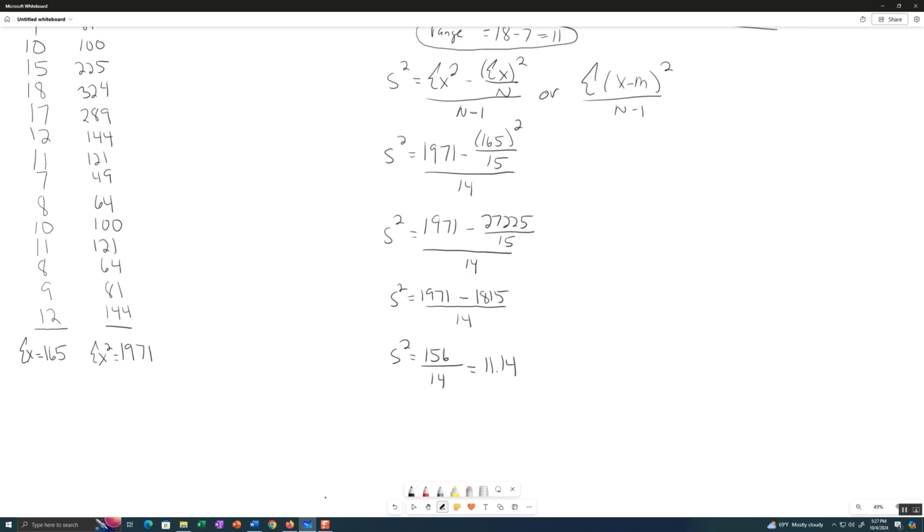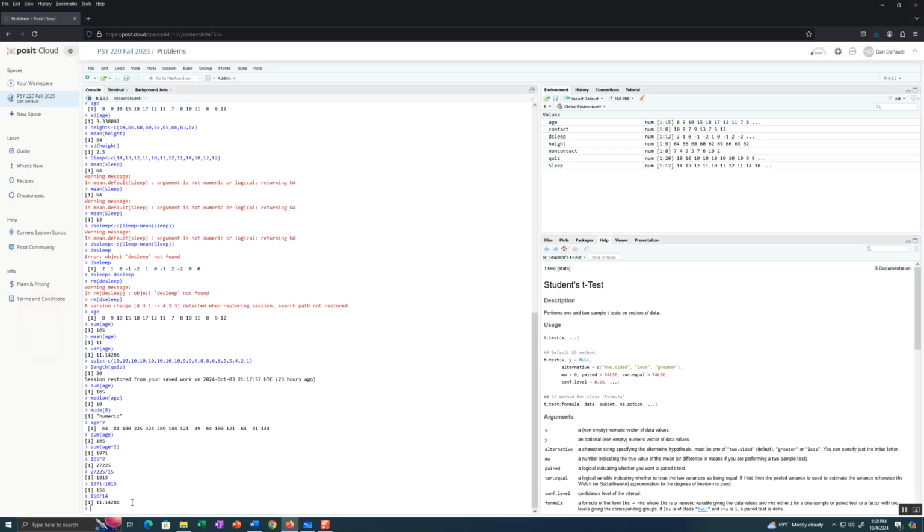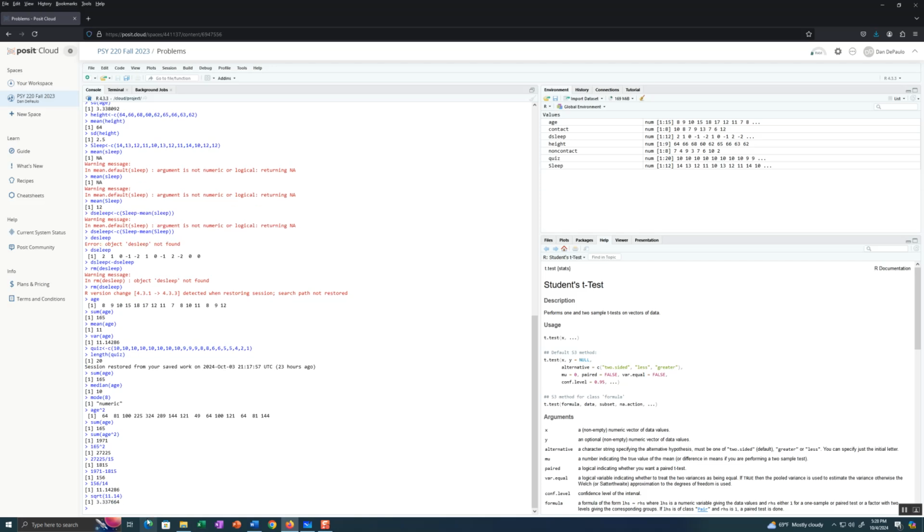That is my variance. To find my standard deviation, just take the square root of that. Gives me 3.38 rounded.